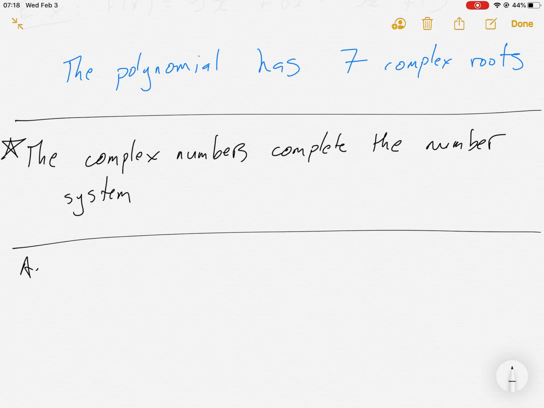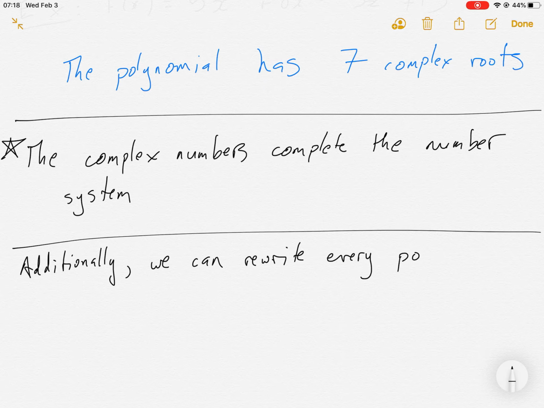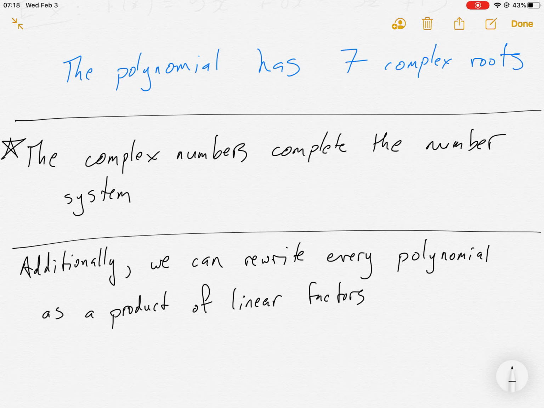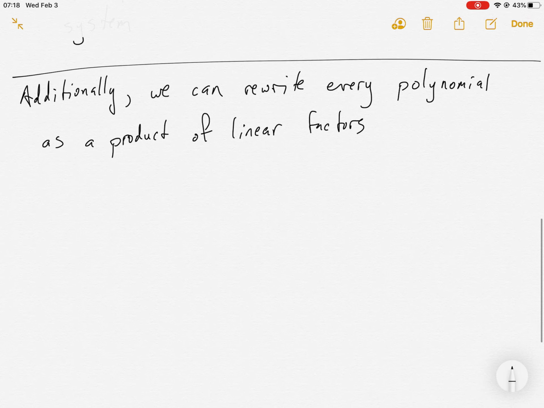As an additional statement, we can then rewrite every polynomial as a product of linear factors. This means that we can basically just factor a polynomial, right?